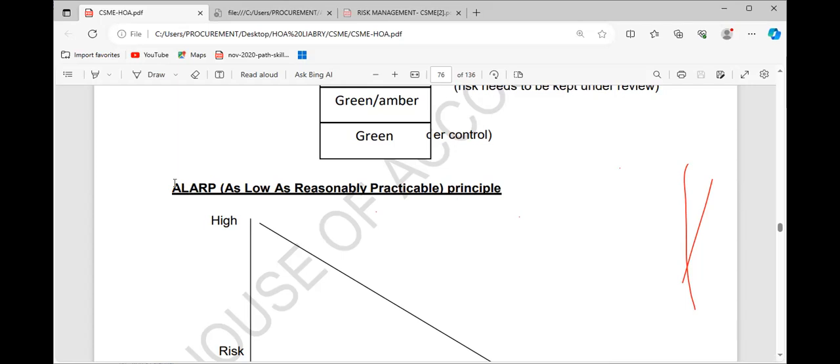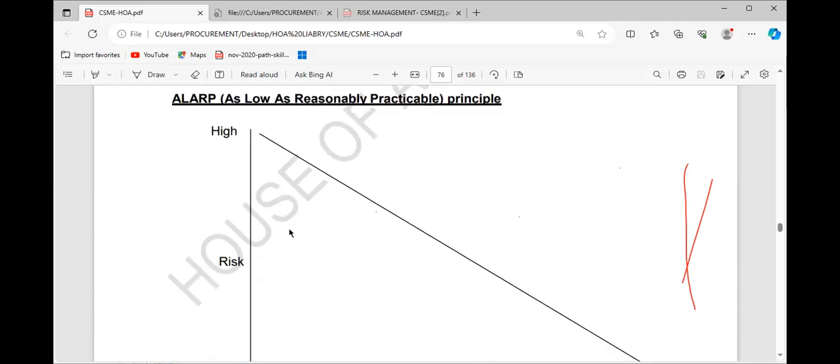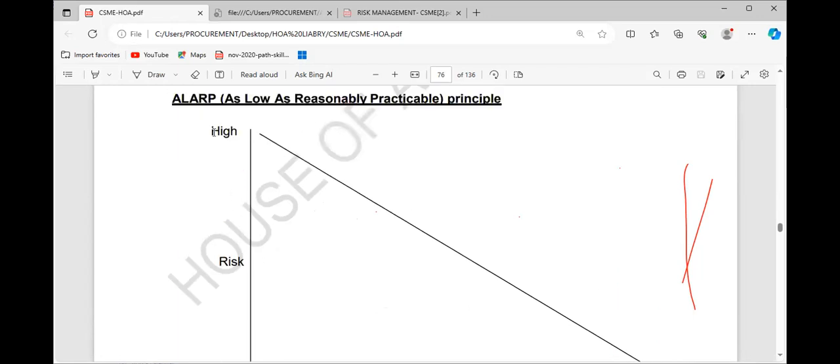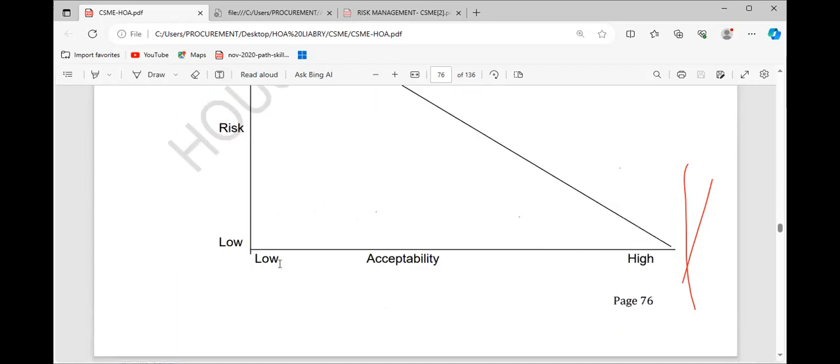Okay, that is the full meaning of ALARP. Now this one is divided into this shape. We have the high, we have the low, we have low, and we have high. This aspect is talking about the risk itself, while the other one is talking about the acceptability of the risk.